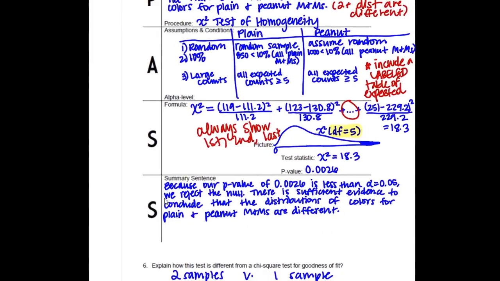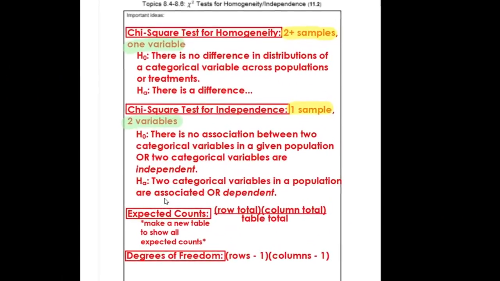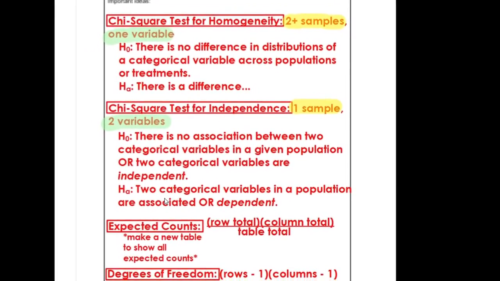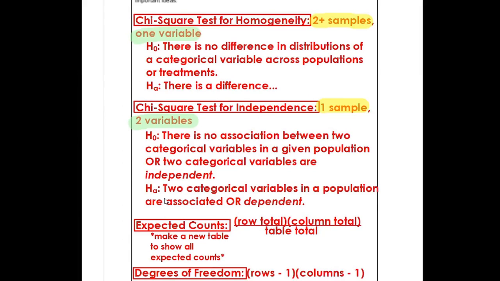Okay, so I am going to let you copy down all of this. We've already pretty much talked about everything on here. But again, there is one new type of test when we have one sample with two variables. That's called the chi-squared test for independence, and it just has a different HO and HA. The only difference is how you write HO and HA between these two.